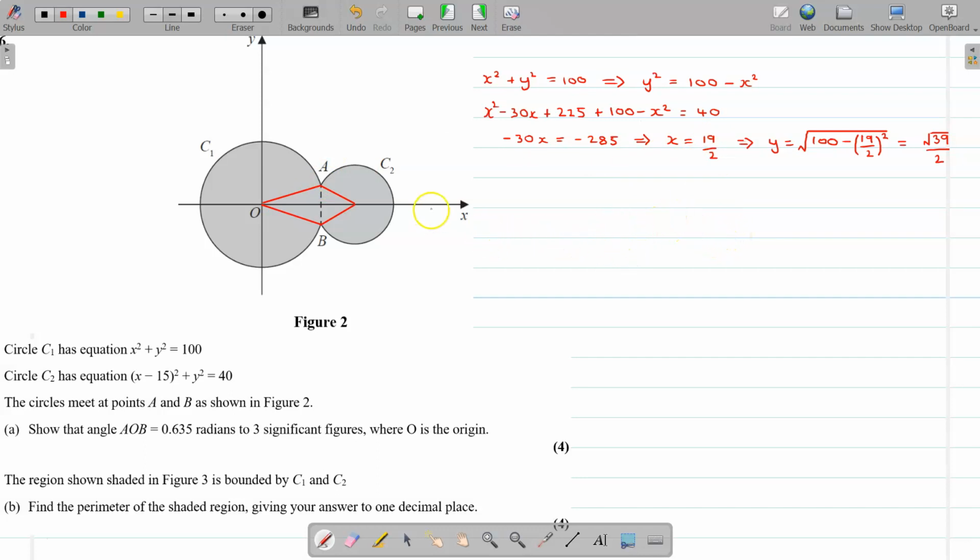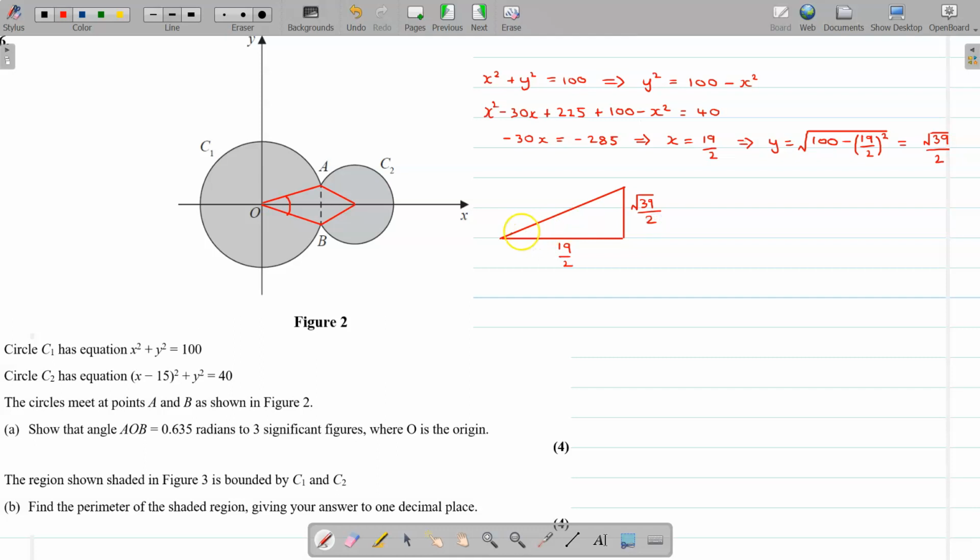Now, the angle AOB is 2 lots of the angle just in here. So if I just do an enlarged diagram of the triangle OA down to the x-axis, it's a bit easier to see what's going on then. Okay, so that gives me a right-angled triangle with a base of 19 over 2, and a height of root 39 over 2.